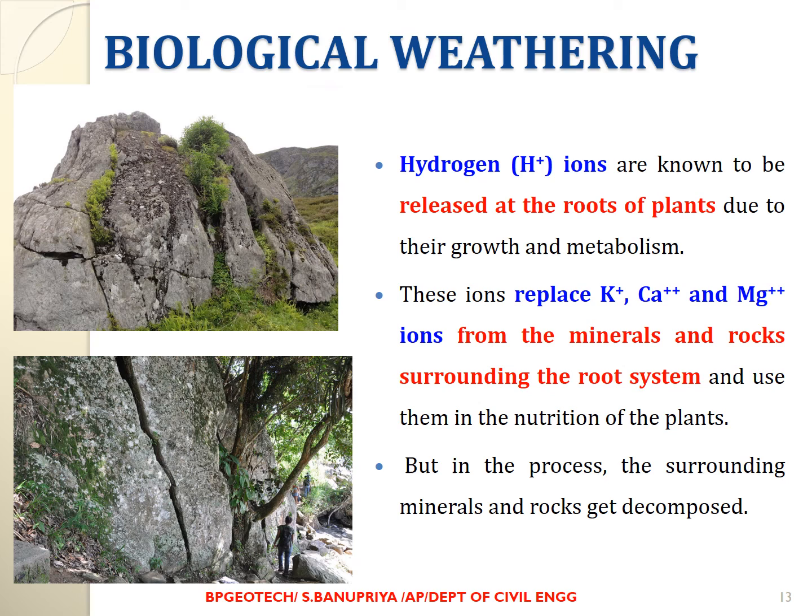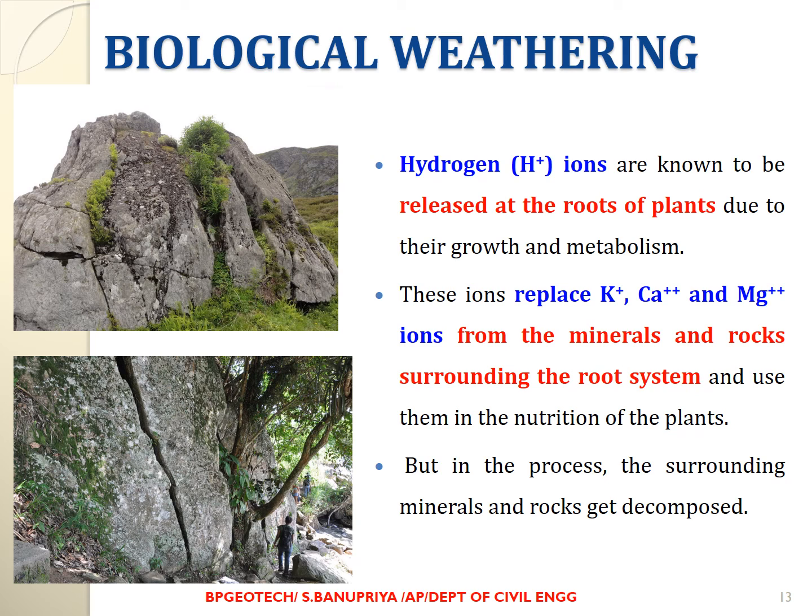So due to the exchange of chemicals or minerals from the rock to the growth of the plant, the rock loses the property of minerals present in it. For the growth of the plant, the rock supplies the minerals and loses its own strength. Due to this process, the rock loses its property and disintegrates. Those types of weathering are known as biological weathering.